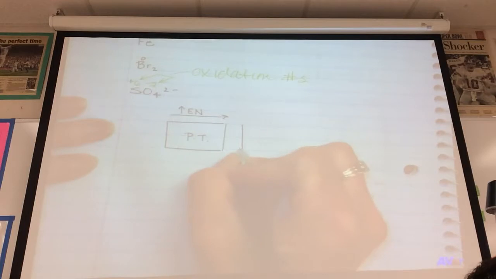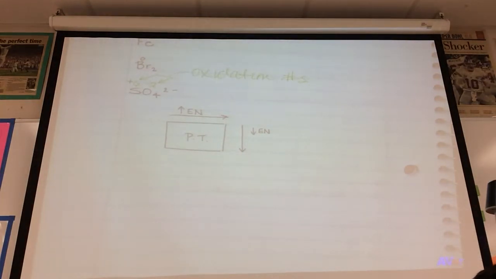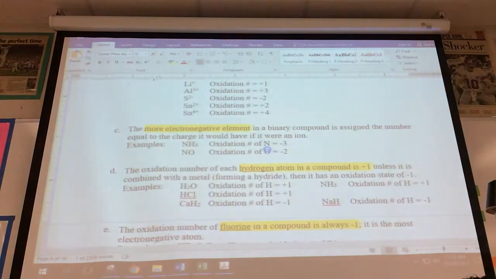As you go down a group, the electronegativity decreases. Values for electronegativity are provided on the back of your periodic table. You want to know the trend, but you could always check which is the more electronegative element from the back of your periodic table.